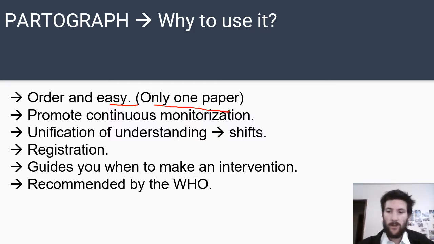Why? Because there are a lot of patients, a lot of work to do, and maybe with one patient you are not focused, and you can forget that the mother is in a prolonged labor, for example. So in the partograph, you see in only one page the progress of labor, and the page also has an alert line and an action line, which guides you on what to do.